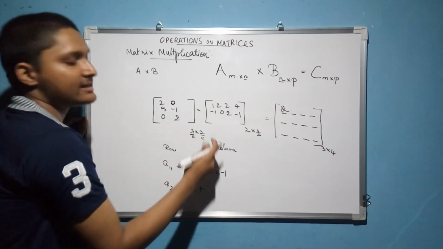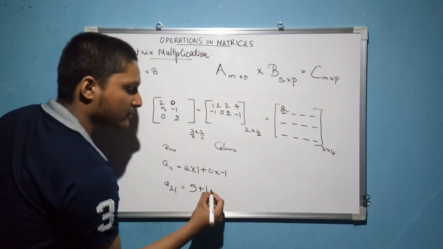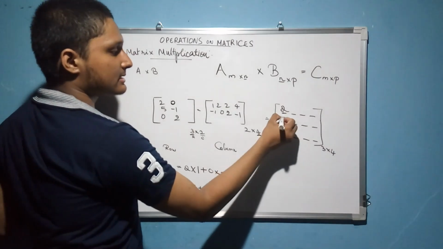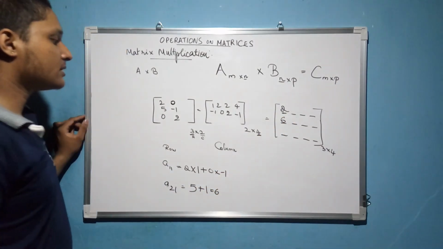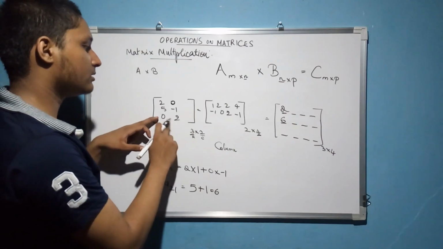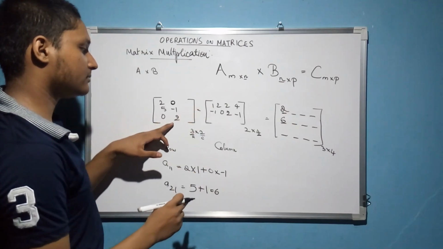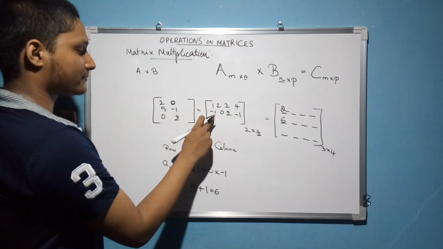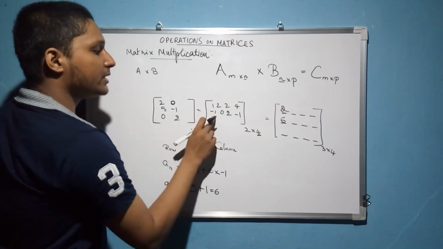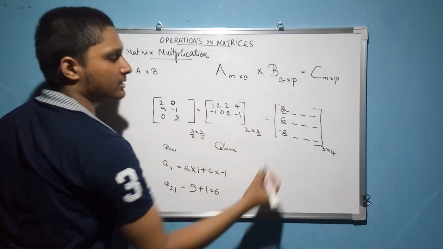Therefore you need to multiply that and add to this. You get 5 plus 1, that is equal to 6. 6 comes to be the entry here. Similarly you can do here 0 into 1 plus 2 into minus 1, which comes to be minus 2 here.